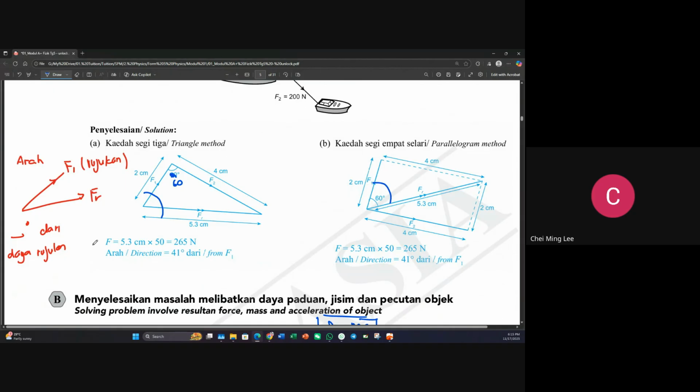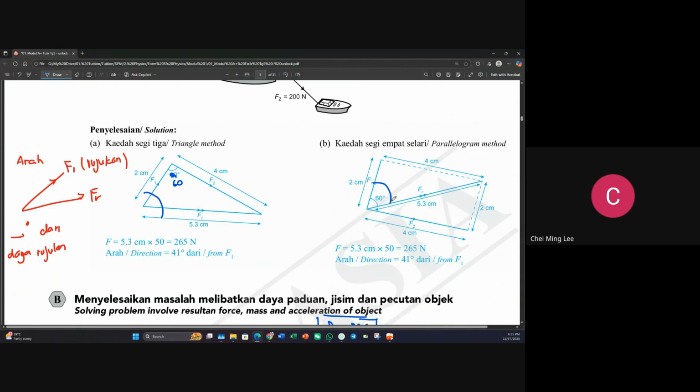You understand? Now, when you are using the parallelogram method, this one is 2 cm, this one is 4 cm. Then you resolve this one to here, resolve this one to here. So it becomes a parallelogram. Then in the middle, point to point, we draw it up.